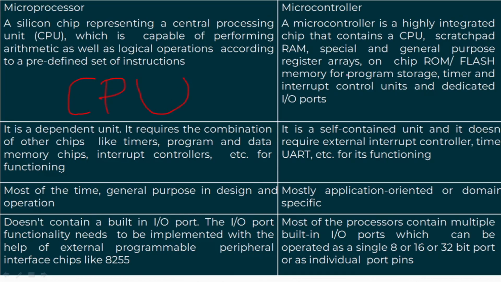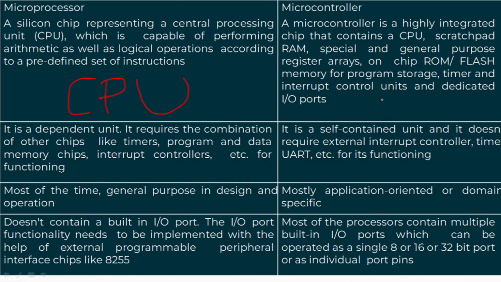Fine. And when you think about microcontroller, first let me just read out what is shown here. Microcontroller is a highly integrated chip that contains a CPU, scratch pad RAM, special and general purpose register arrays, on-chip ROM or flash memory for program storage, timer and interrupt control units, and dedicated I/O ports.